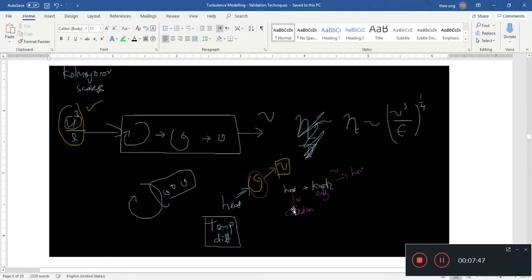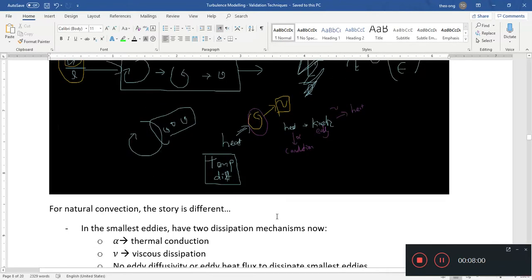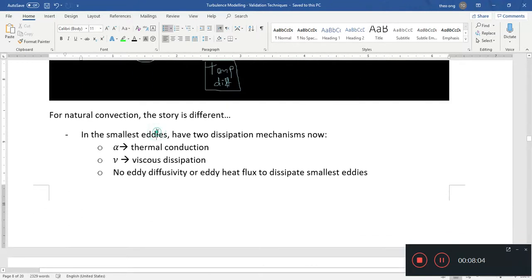So now the energy balance is different, because not only do you have viscosity, which takes energy out of the eddies, you also have conduction that takes energy out of the eddies, and that is done through thermal diffusivity. So in the smallest eddies, you have two dissipation mechanisms for natural convection. One is the thermal conduction, which I was discussing. Then you have viscous dissipation.